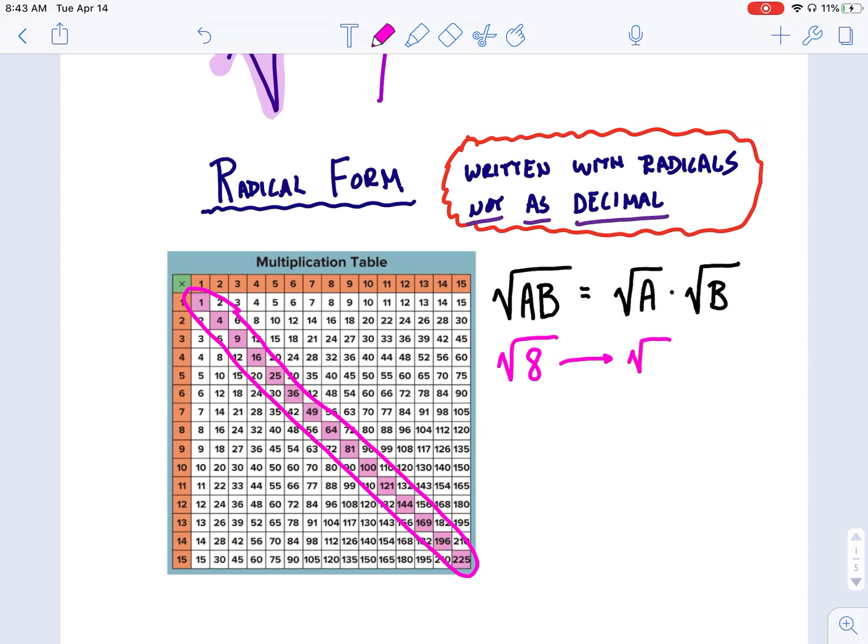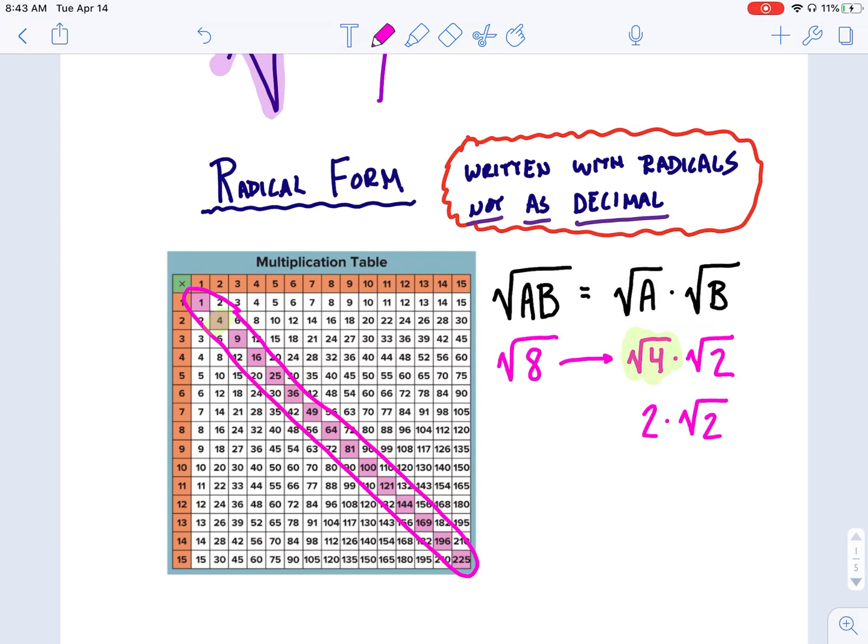Root 8 is the product of root 4 times root 2. By having the ability to factor that and break it up into 2 factors of that root, I can simplify part of the root. The part I can simplify is the root 4 part, because root 4 is a perfect square. The square root of 4 becomes 2, and I can't do anything with the remaining radical part, root 2.